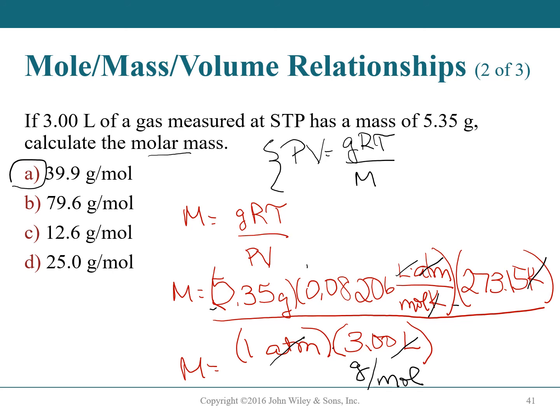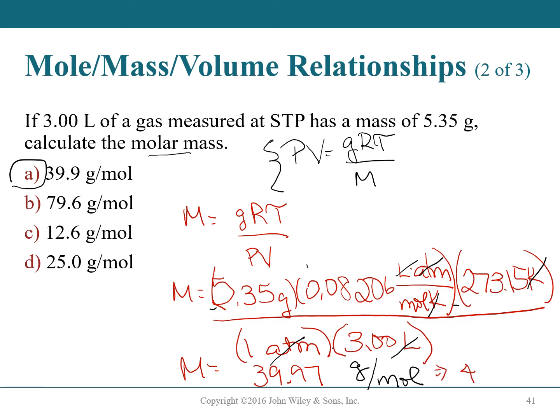Okay, so 5.35 times my 0.08206 times the 273.15 divided by 1 and divided by 3, and I get, again, 39, in this case, 97 grams per mole.